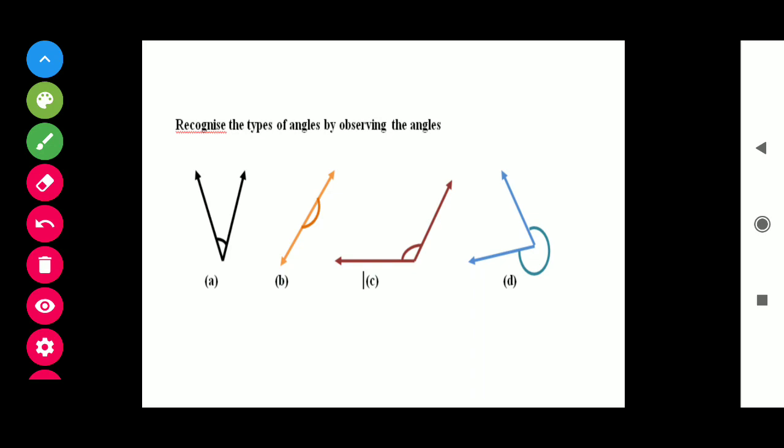And I am sure if you have watched this video properly, you can easily recognize the angles which are given over here. So I am not going to discuss types of angles of these given angles.